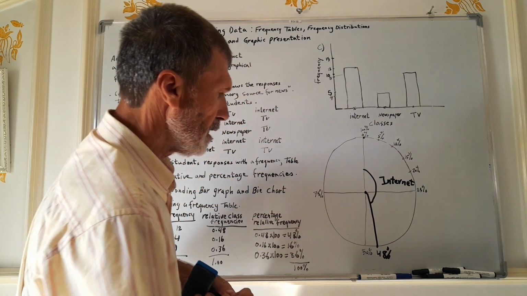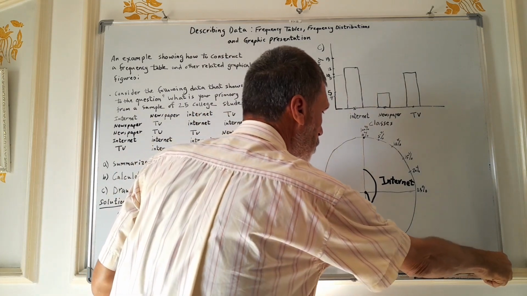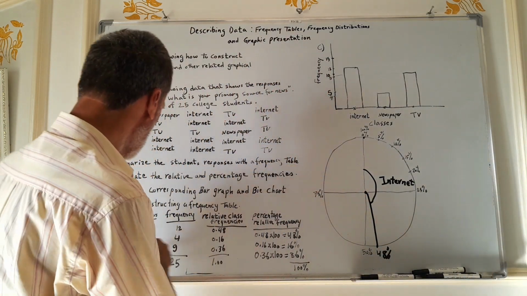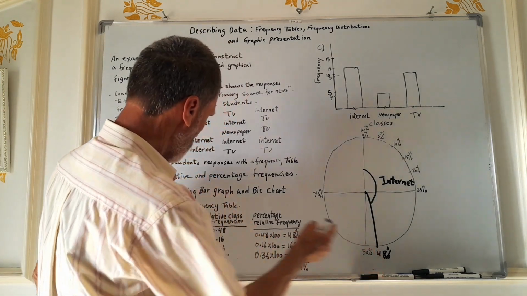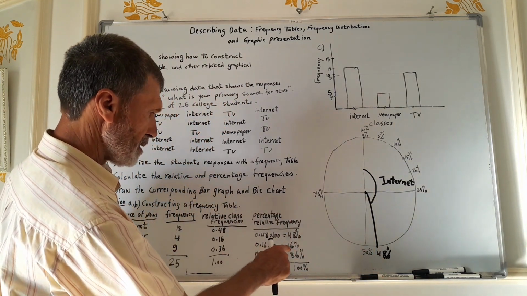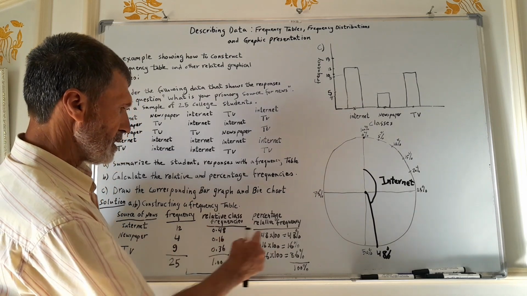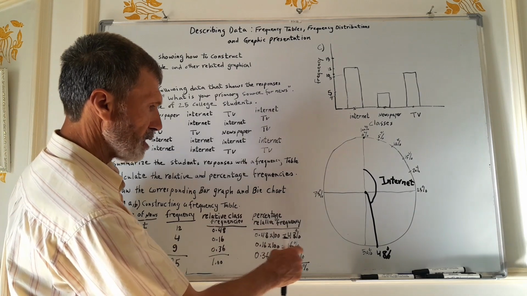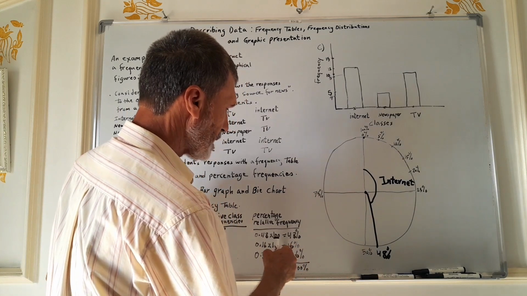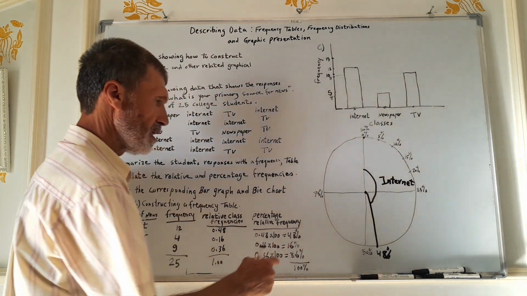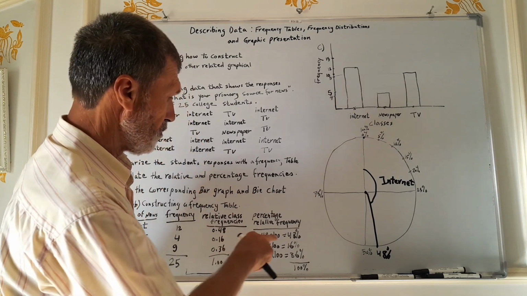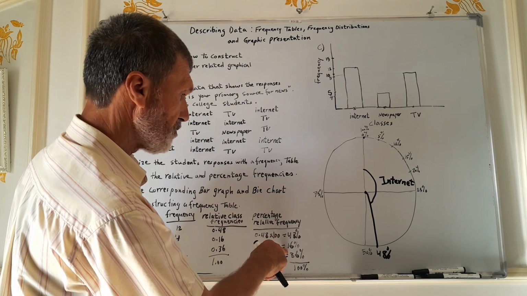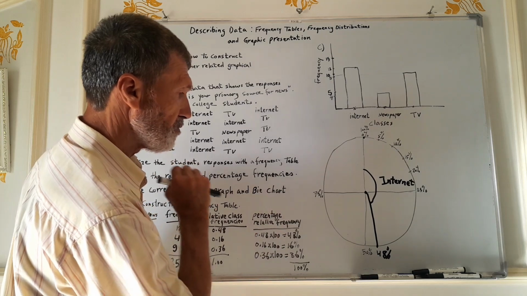Now we move to drawing the newspaper. So what you do is add 48% to 16%, because the percentage for newspaper is 16%. 48 plus 16, we get 64.